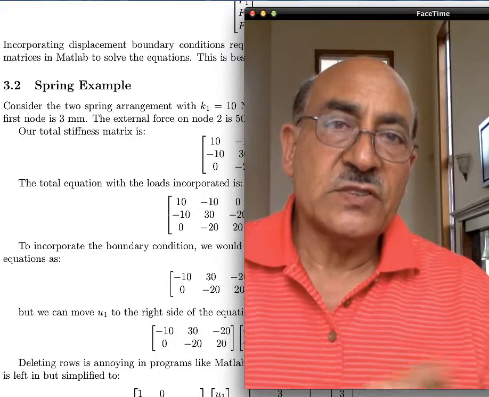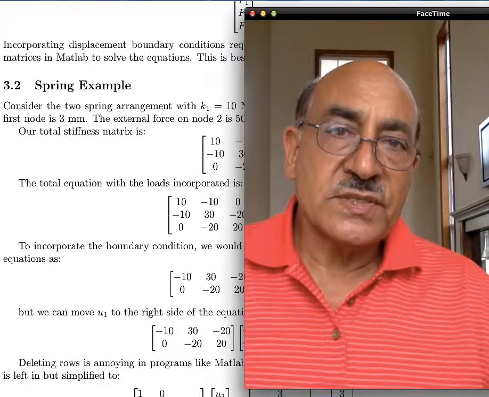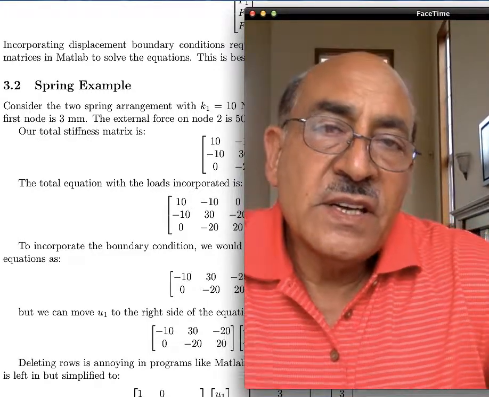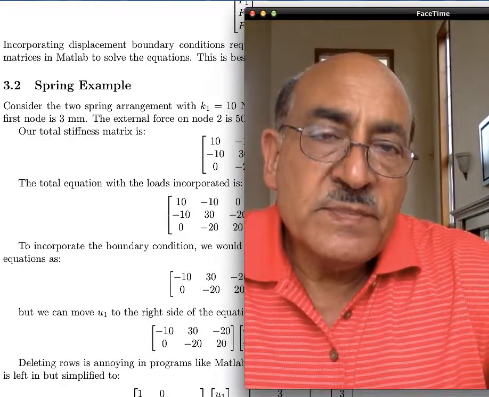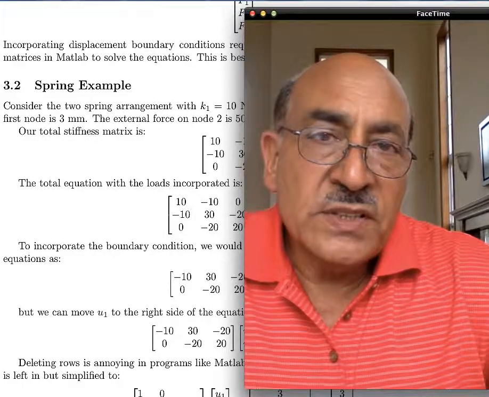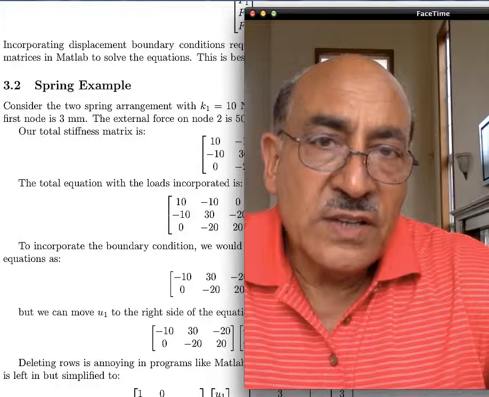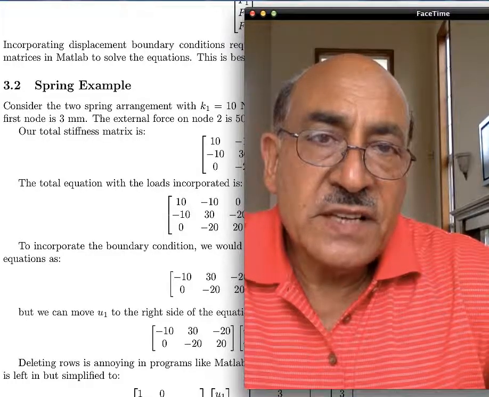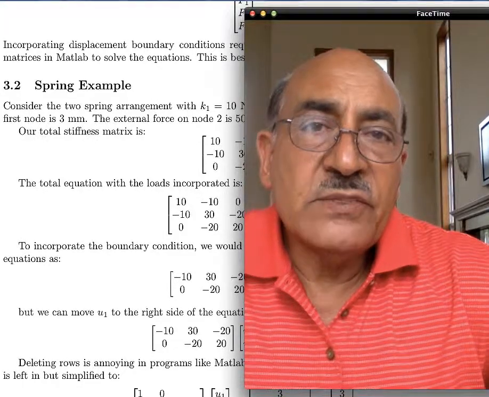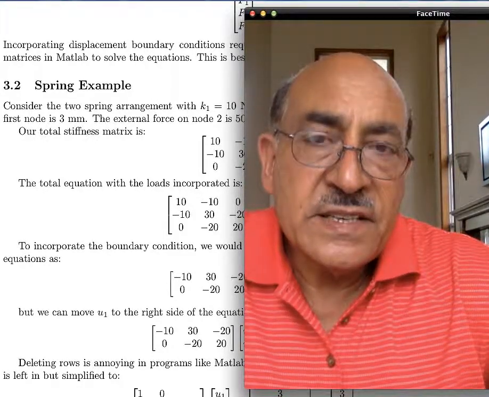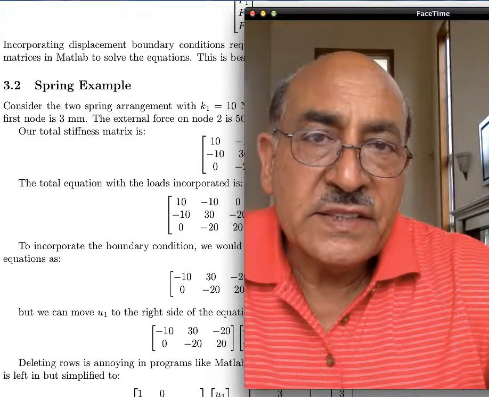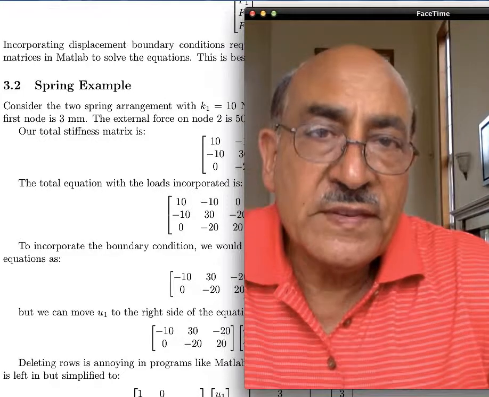A boundary condition could be at the ends, somewhere in the middle, or anywhere. However, you can only put either a displacement boundary condition, which is called a Dirichlet boundary condition, on the value of the function itself that we solve for, that is the displacement, or you can put in a force boundary condition, and that is the Neumann boundary condition, which is a condition on the derivative of the function.